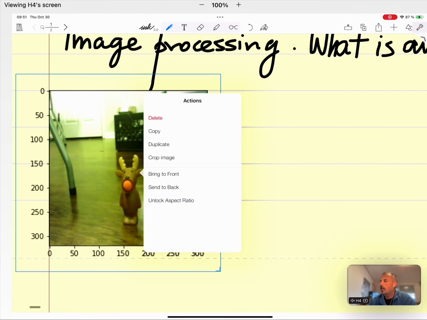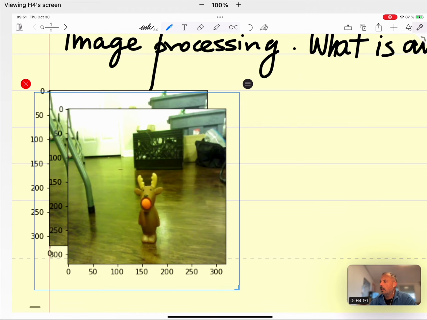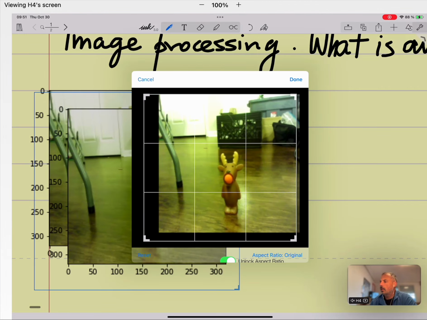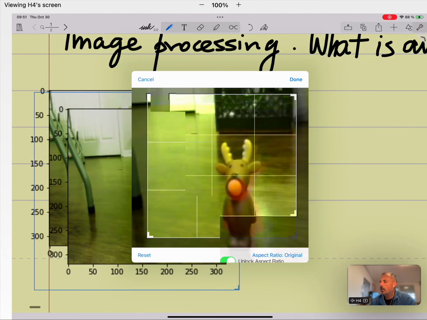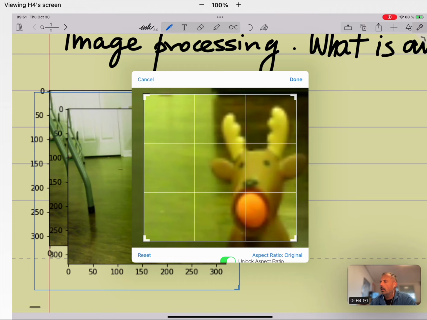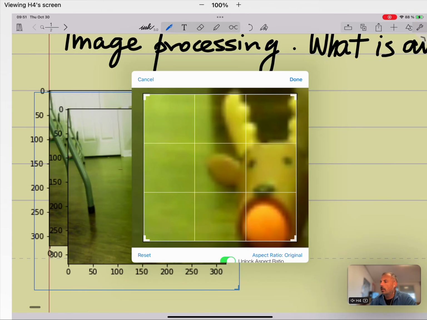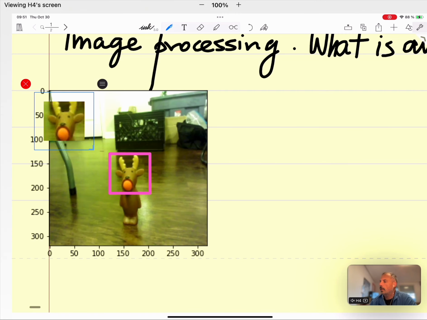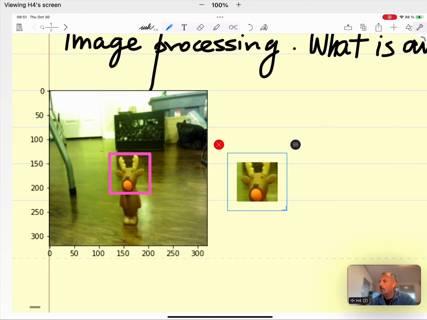Let me crop it, like for instance that. It's not exactly, but you get the concept.